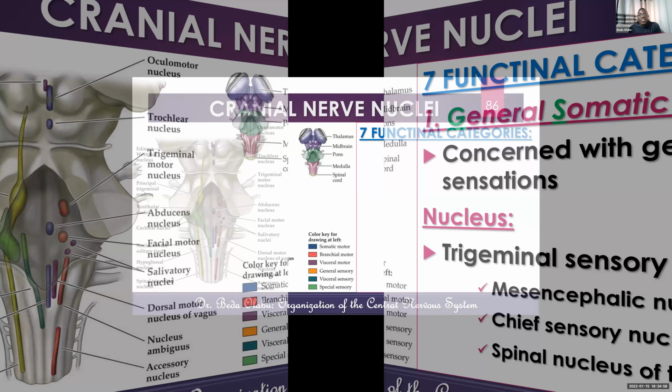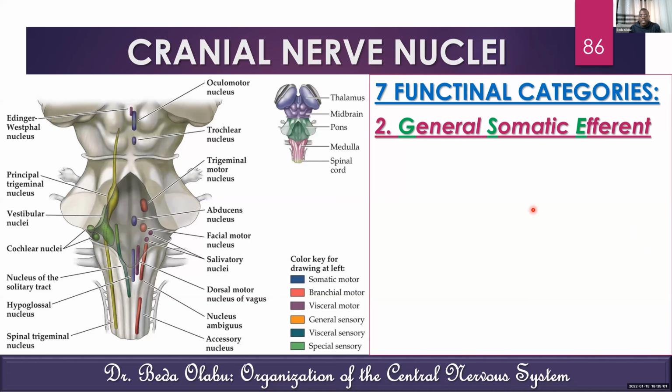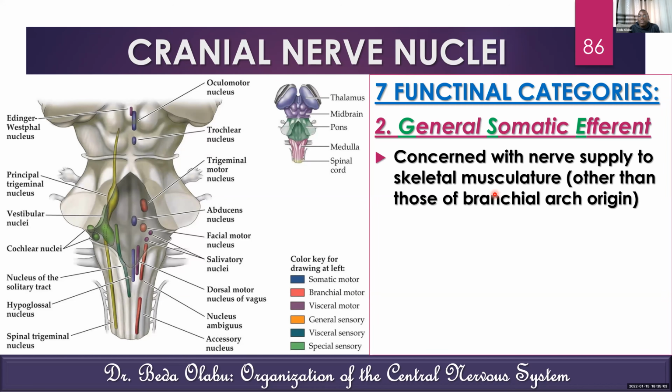The second functional category is GSE, which simply means nerve supply to skeletal musculature, other than the muscles which arise from pharyngeal arc. And so which nuclei have GSE function?